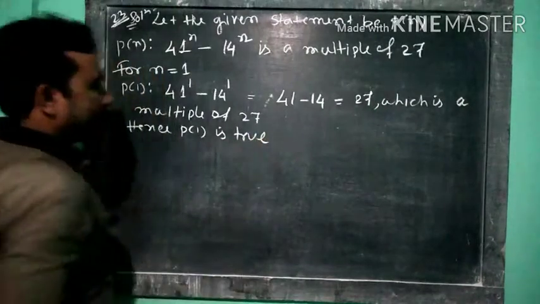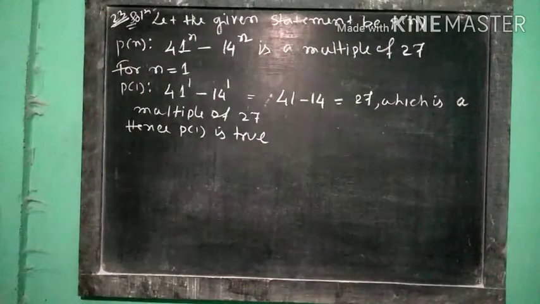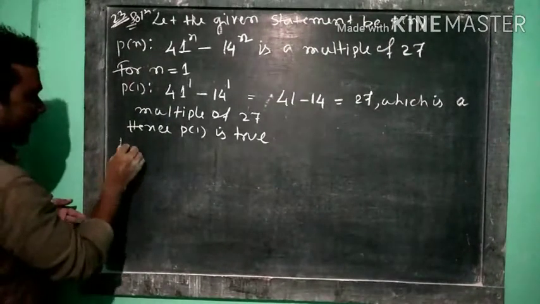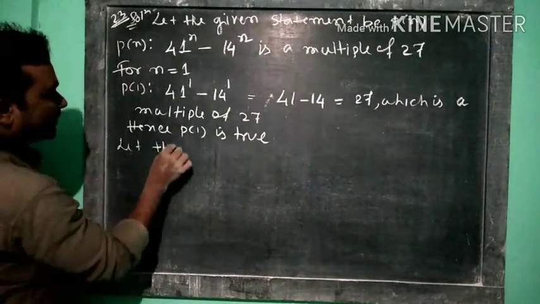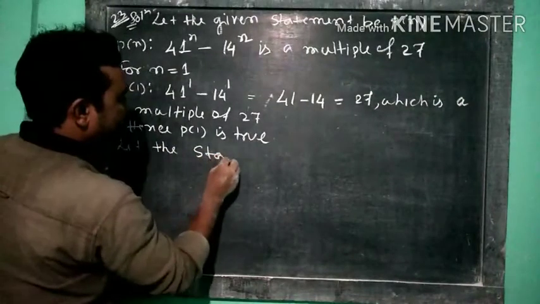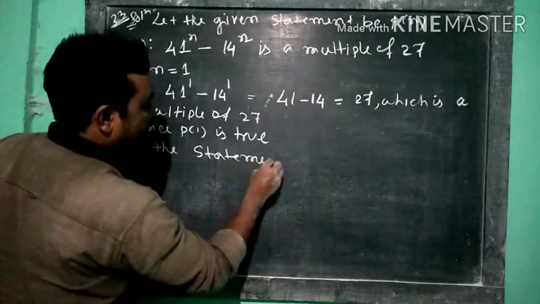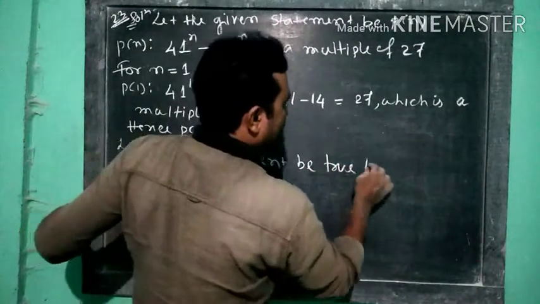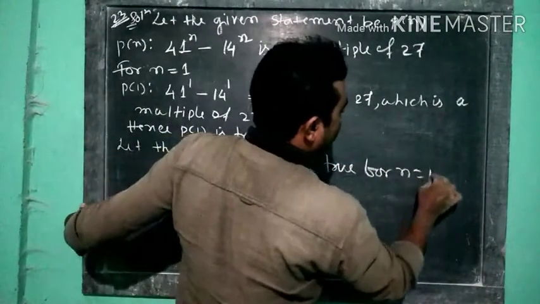So P of 1 is true. Now let the statement be true for n equal to k.